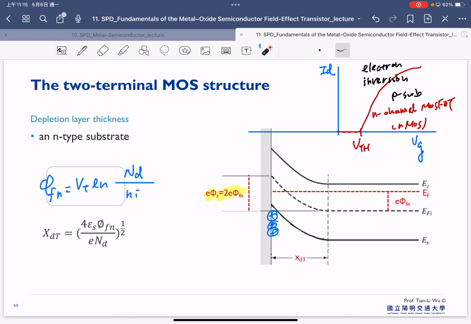No. Okay. So if right now we have the N substrate, that means we have the hole inversion. So still the same, we can have the current output here, and we can also define this as a threshold voltage here.